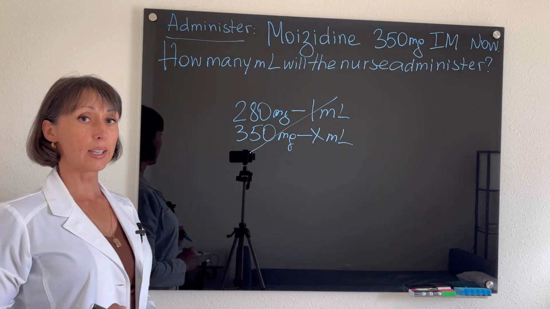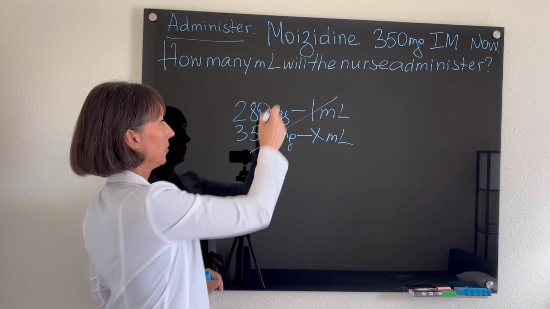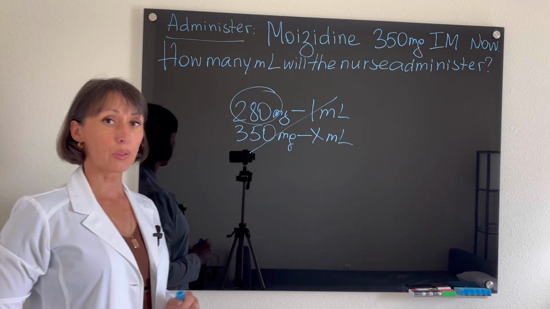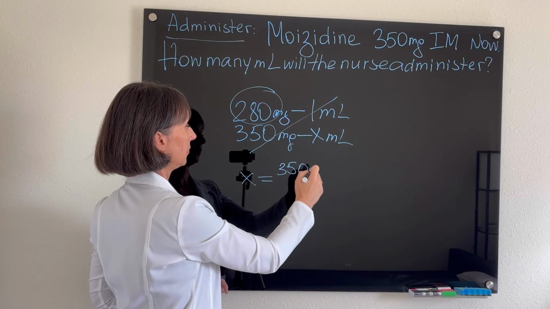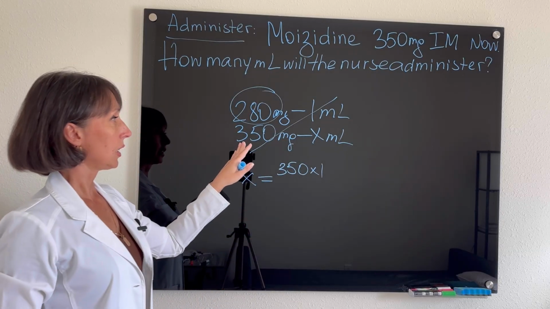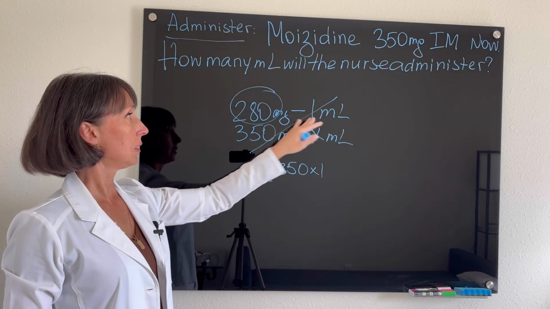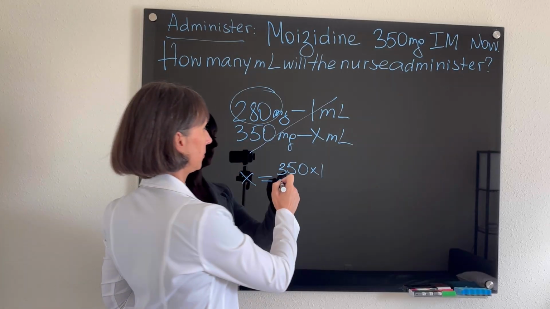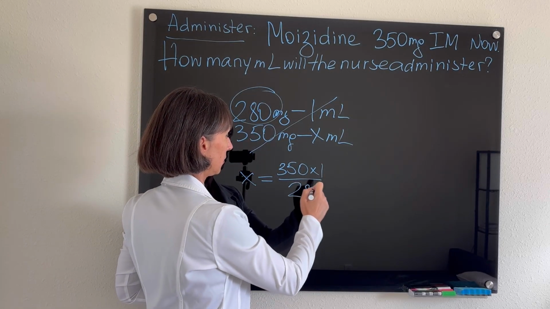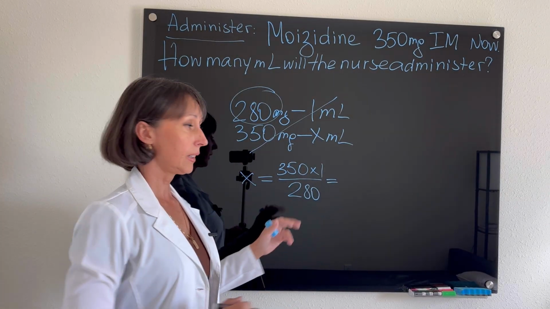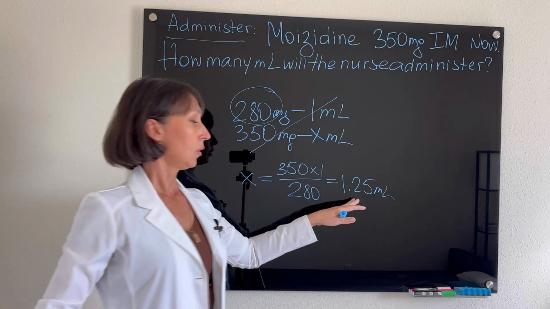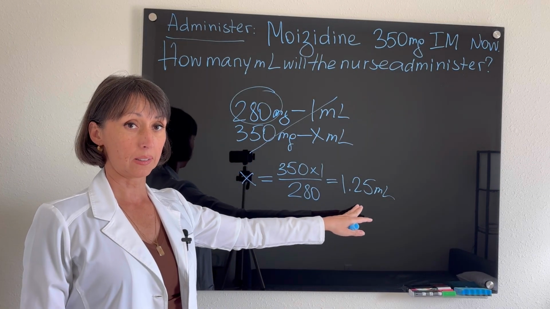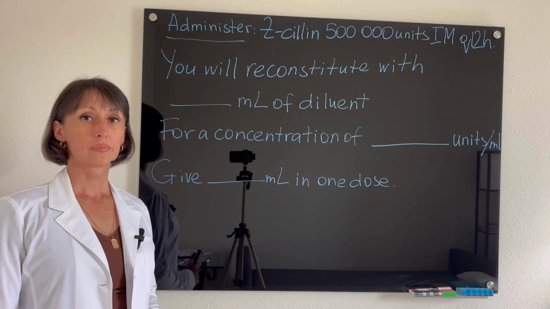I multiply on diagonal, that's not an X. I divide by the third number. 350 times 1 divided by 280. And that equals 1.25 milliliters. That is the answer.